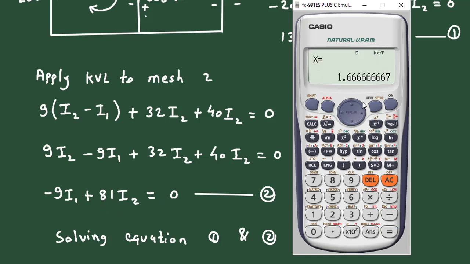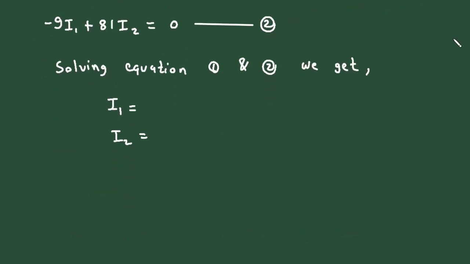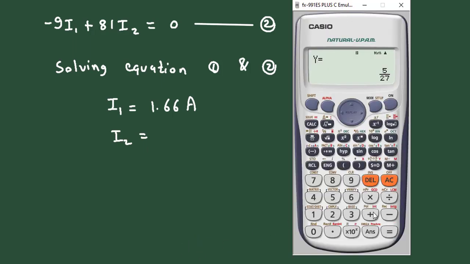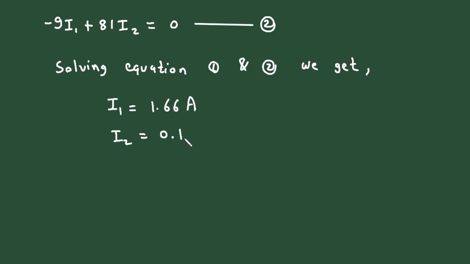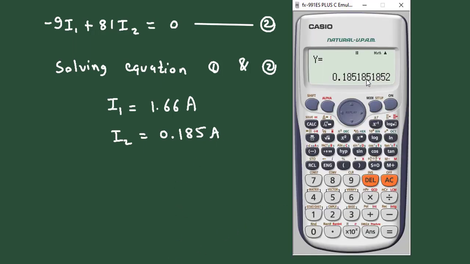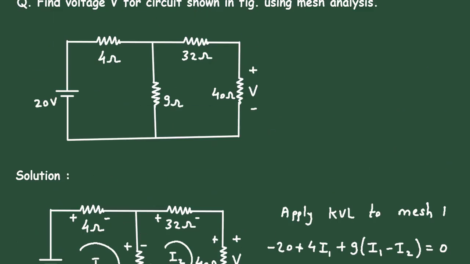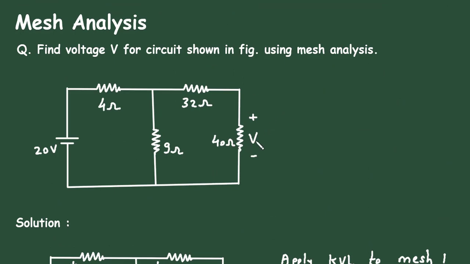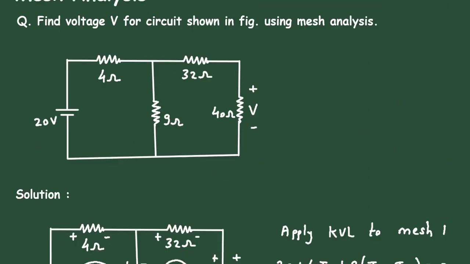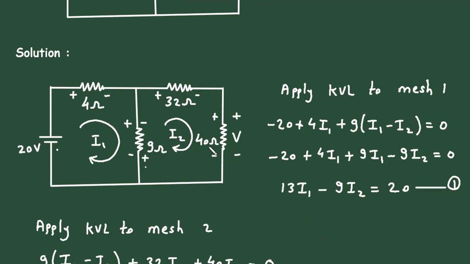So the value of I1 is 1.66 ampere, and the value of I2 is 0.185 ampere. Here for this question we have to find the value of this voltage V. So the value of voltage V is equal to resistance multiplied by current.